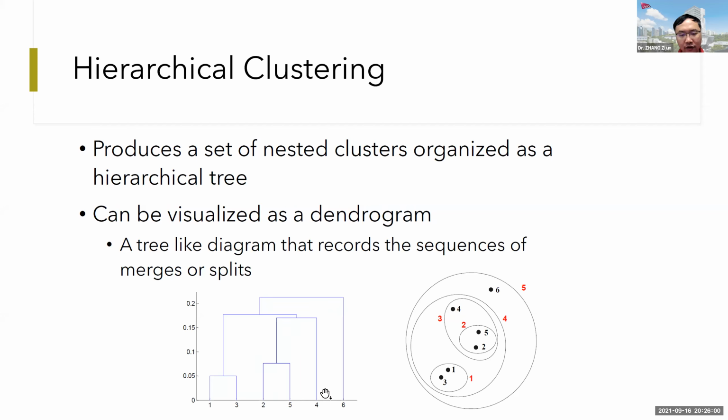In the fourth iteration we merge 1, 3, 2, 5, 4 together, and then we merge 6. Then based on the dendrogram, how can we see the sequence?